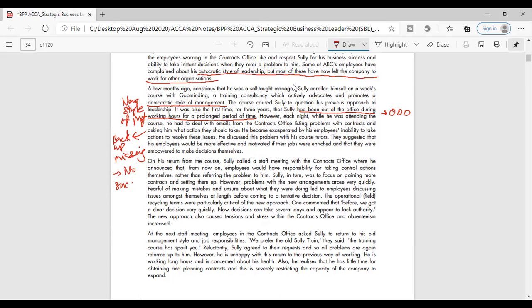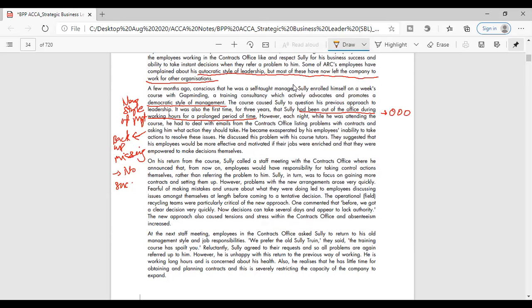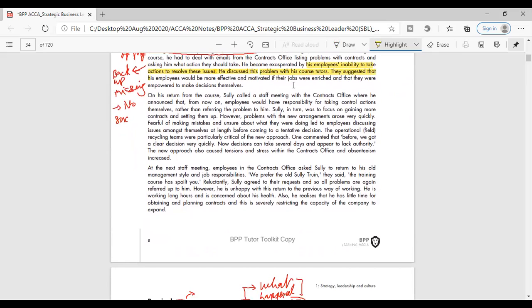Anyway, he became exasperated by the employees' inability to take action to resolve these issues because he never groomed anyone. The second last paragraph is going to be very important.